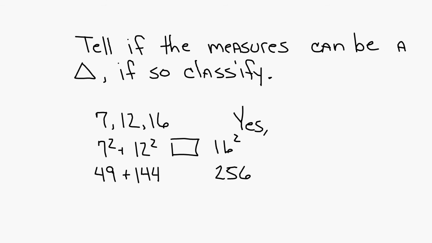So the 49 plus 144, that's less than the 256, isn't it? Mm-hmm. So what did we say? If a squared plus b squared is less than c squared, then it is an obtuse triangle. Understand? Yep. Anybody have any questions?